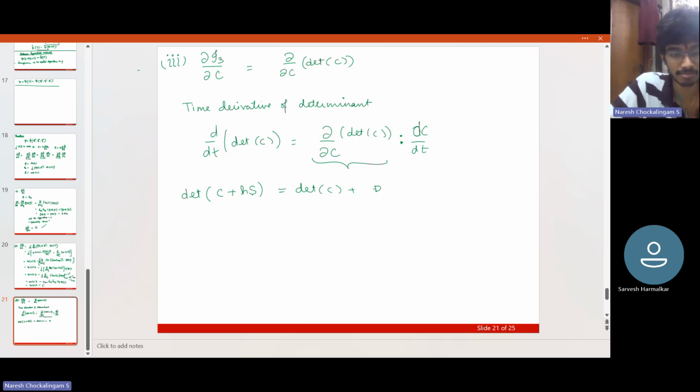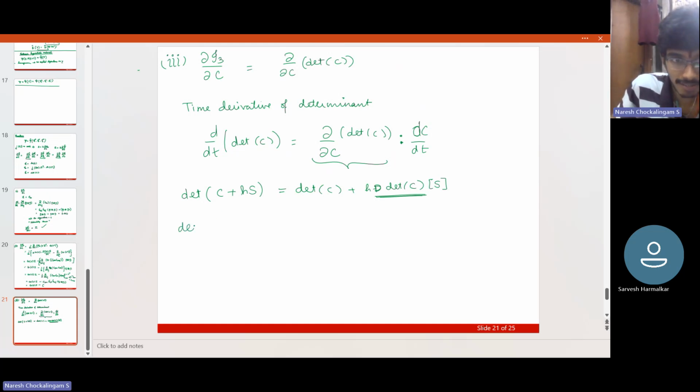S is the direction in which we are perturbing C. So what we'll have here is the directional derivative of the determinant of C in the direction S, and h will also multiply this. So this is what it is. So let us see what this factor is. We'll see that.